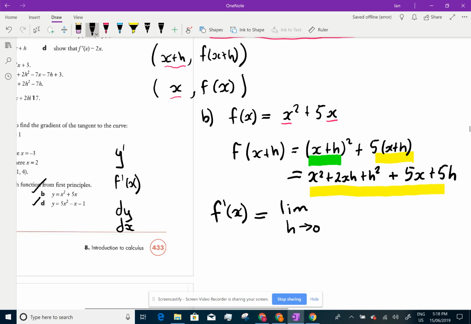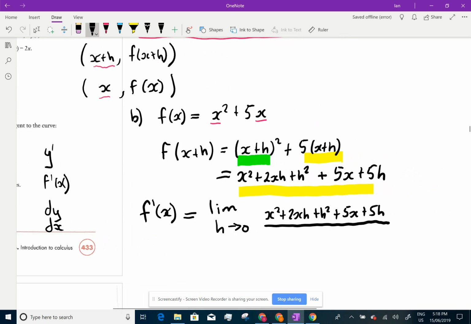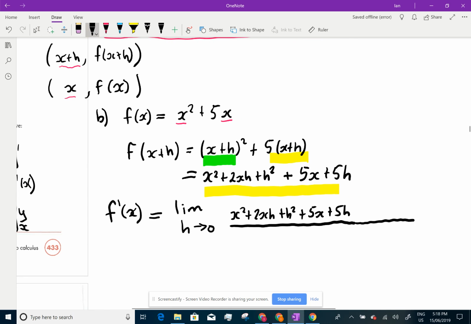So, give myself a bit more room. x squared plus 2xh plus h squared plus 5x plus 5h. And I have to go minus f of x. Now I use a different color so you can see it. I have to go minus all of that. Now it's important when you do this, put it in parentheses so you don't mess up the sign. x squared plus 5x. And it's all over h.